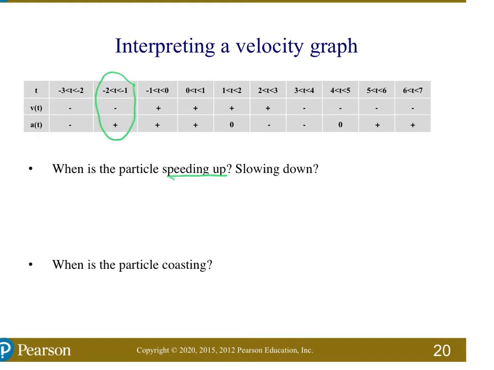I see that the velocity and the acceleration are opposite in the interval -2 to -1. I see again that they are opposite in the interval 2 to 3. And then they again are opposite in this whole interval.